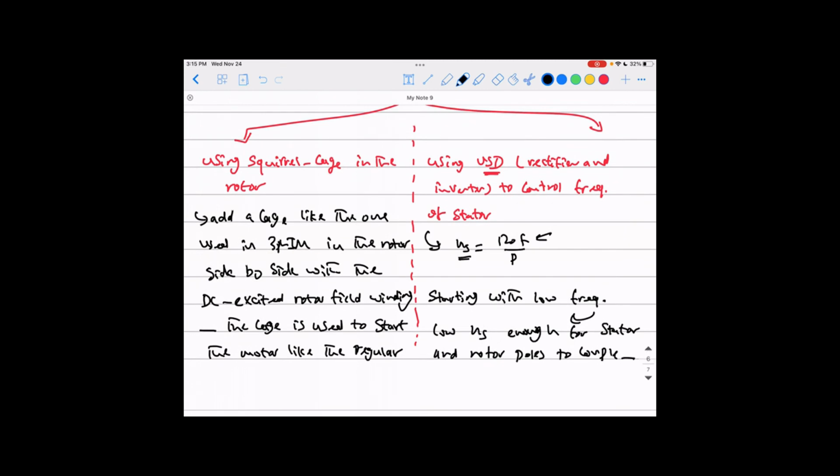So that's a problem. You have stator poles with a very high speed and the rotor poles at zero speed, so they will not catch up with this big difference in speed. So you have to do something. The first one is using a squirrel cage on the rotor, and this actually will speed up the rotor poles until they are just a little bit smaller than the stator pole speed.